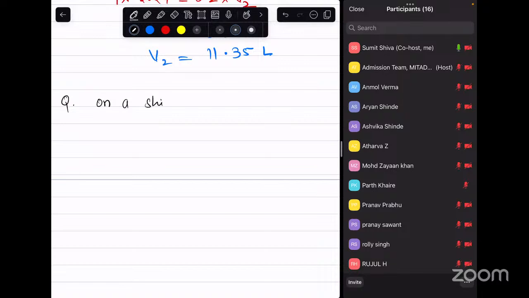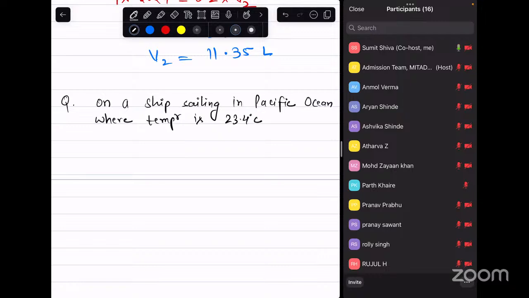Next question is, on a ship sailing in the Pacific Ocean, where temperature is 23.4 degrees Celsius, a balloon is filled with 2 liter air.